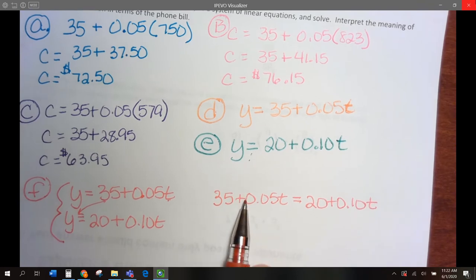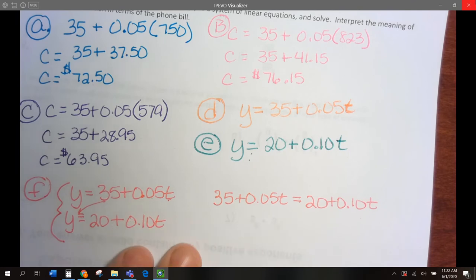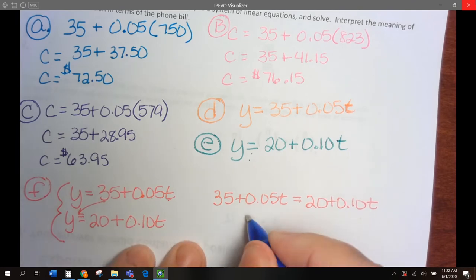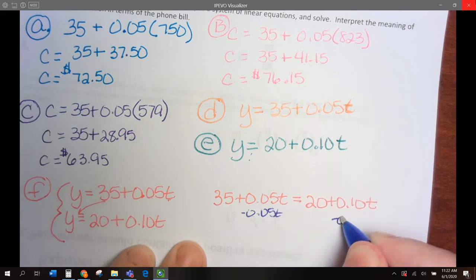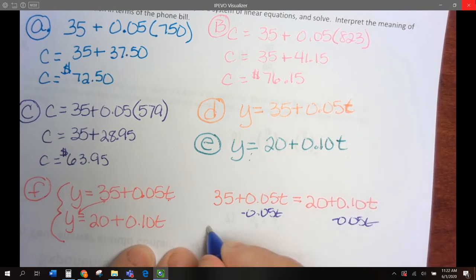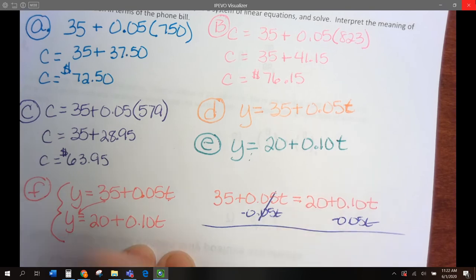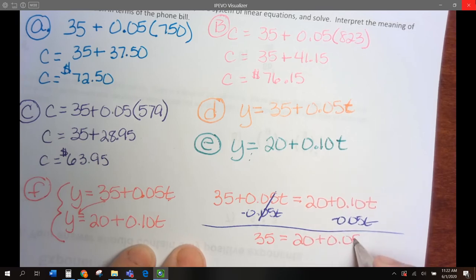Now I have an equation with variables on both sides. If I have the variable on both sides, I'm going to get rid of the one with the smallest coefficient, which would be this. So I'm going to subtract 0.05t from both sides. These cancel, and I'm going to get 35 equals 20 plus 0.05t.